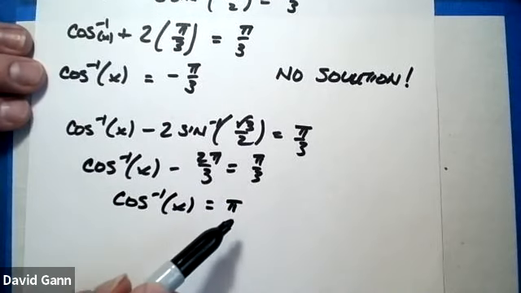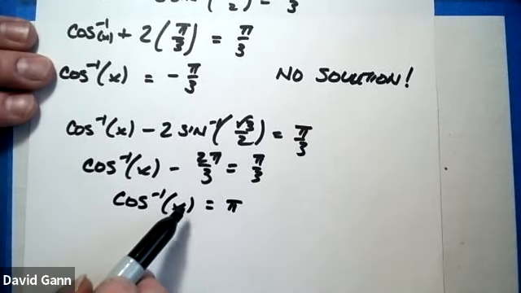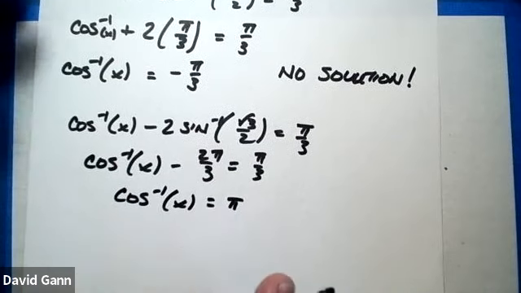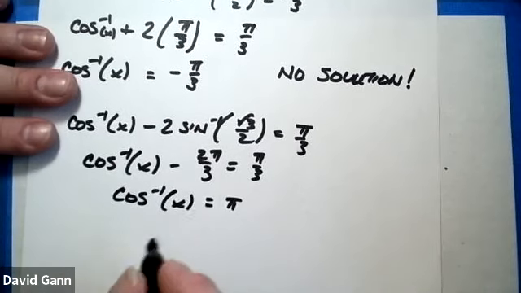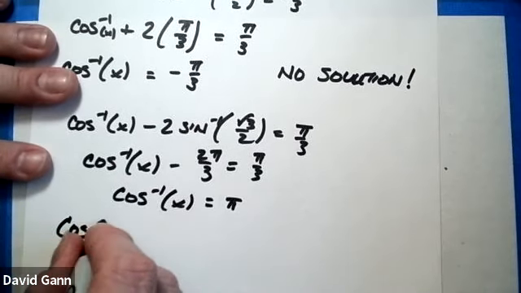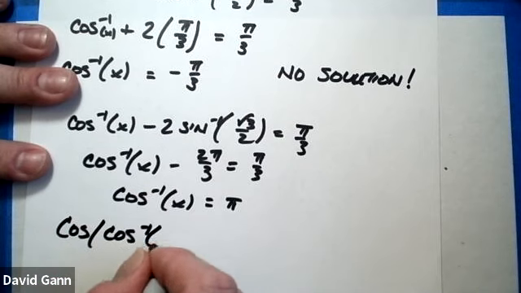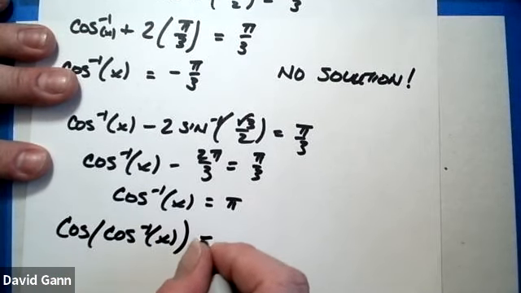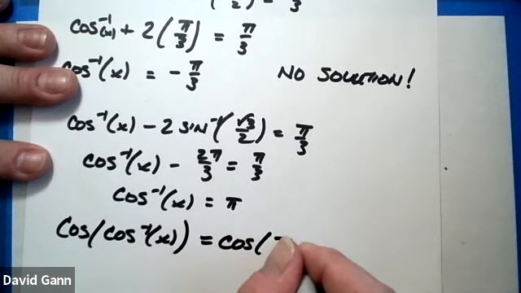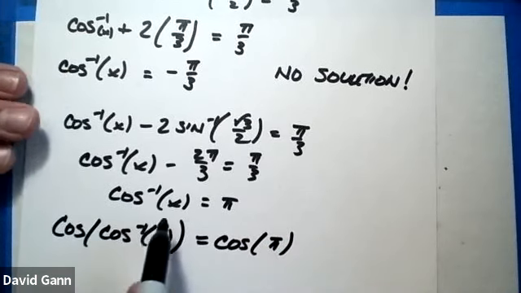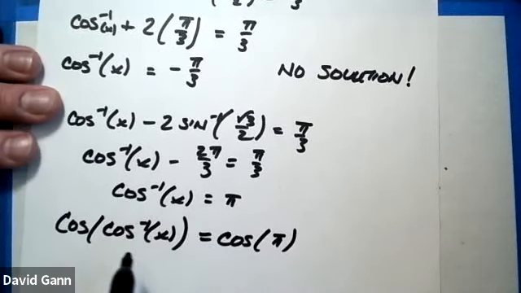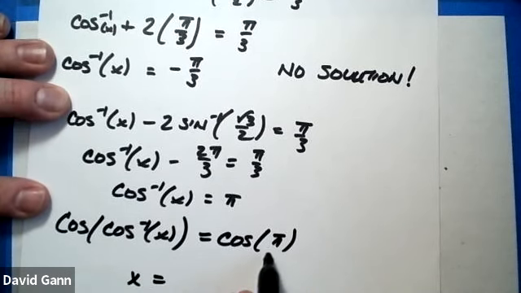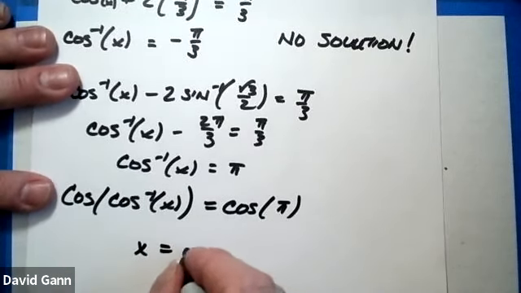And that is allowed, right? So you have to find the ratio that corresponds to that, or you can just take cosine of both sides, right? So cosine of inverse cosine of x is equal to the cosine of pi, and because we've already established that this is possible, we have x equal to, well, the cosine of pi is actually -1.